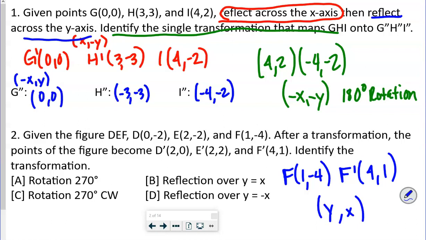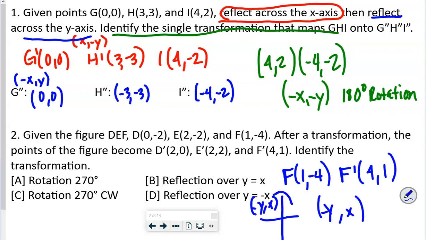Now which one changed signs? The y changed signs, right? And it became positive, right? So we're going to put the negative in front of there. So what is that? Let's look at our thing here. So this is (y, x), where this is negative, okay?